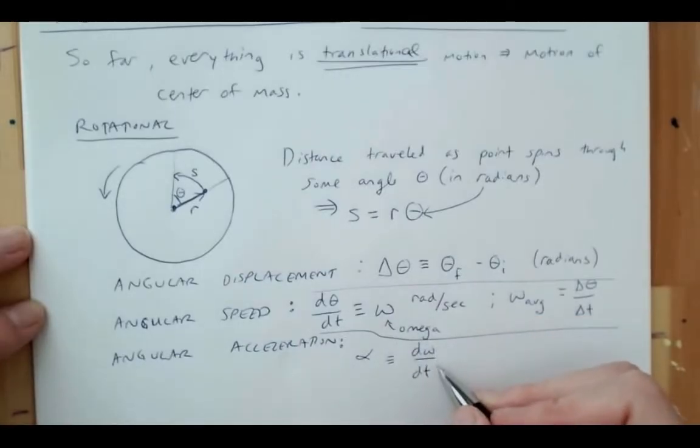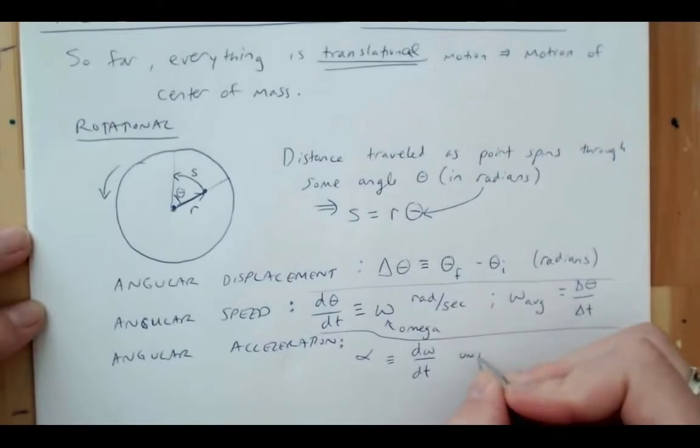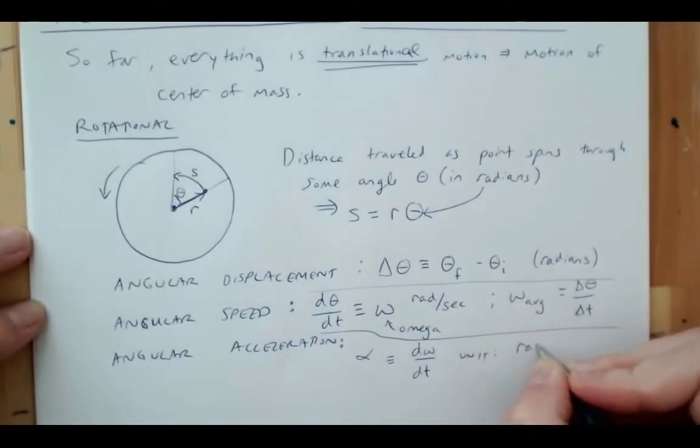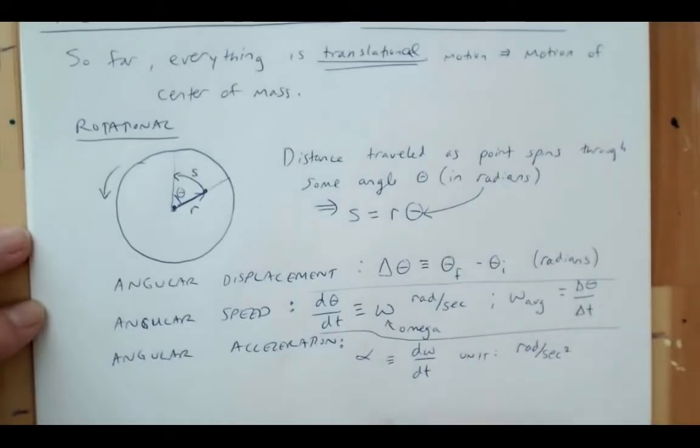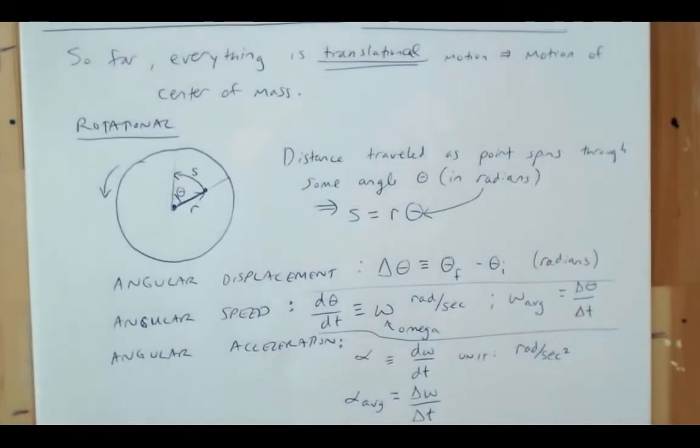So the rate change of the angular speed, or the angular velocity specifically. And the unit for this would then be radians per second squared, just like meters per second squared, but now we're talking about angular displacement. And the average angular acceleration would be equal to delta omega over delta t.